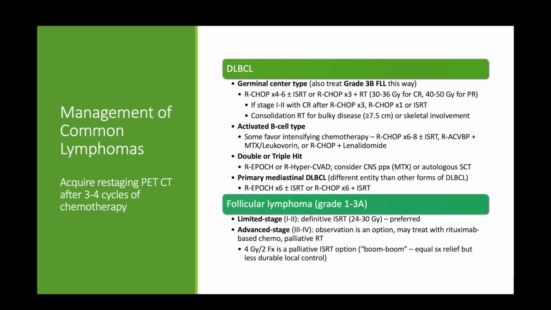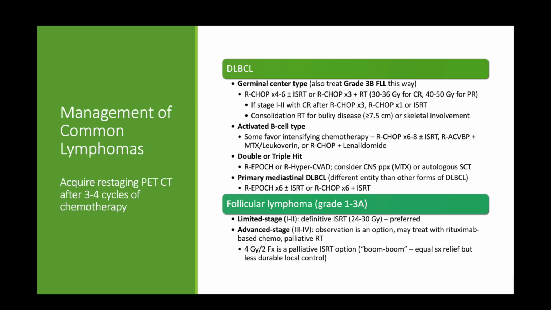But the role of radiation was really established in a pre-rituximab era. And then when rituximab came out, we learned that rituximab was actually very, very effective at treating lymphoma. And so studies moved towards exploring just R-CHOP regimens without involved site radiotherapy after.